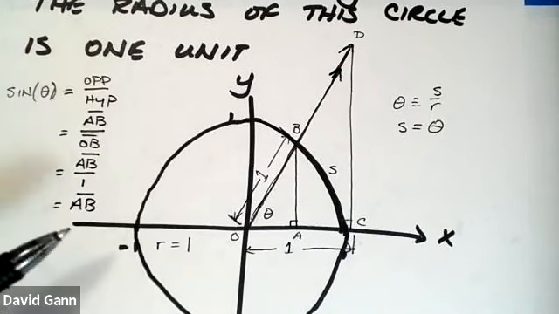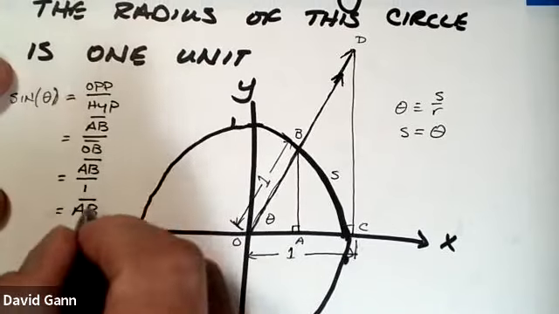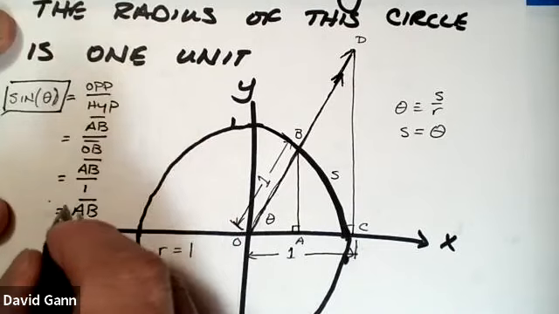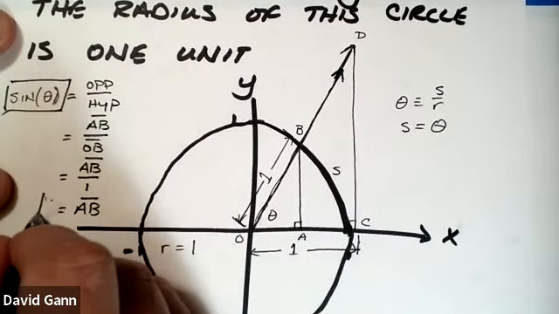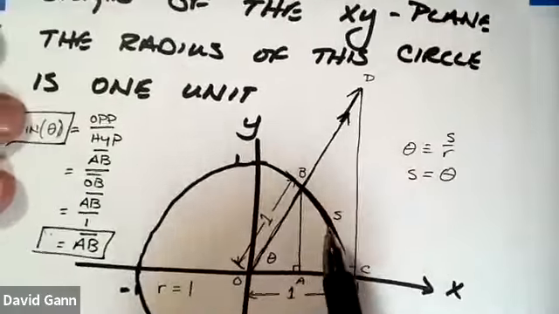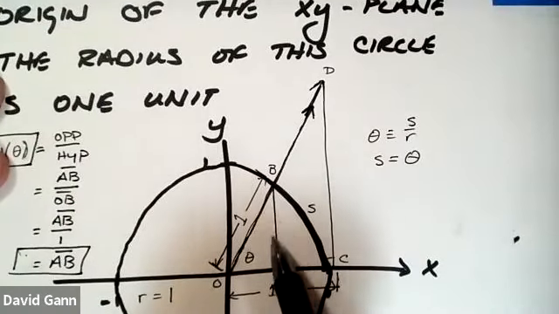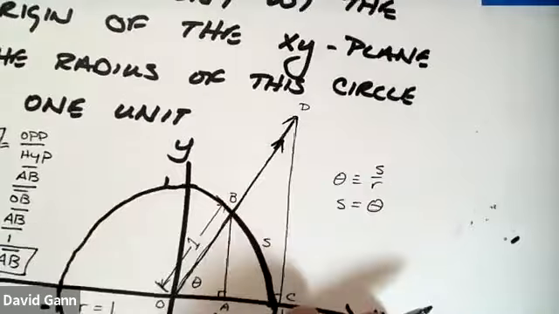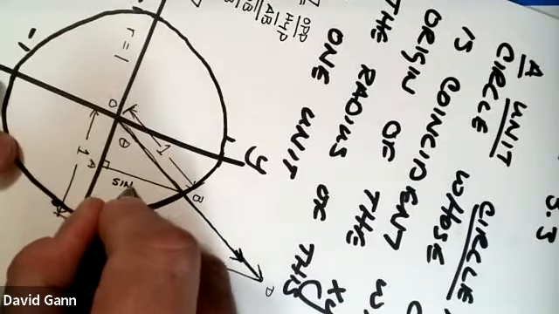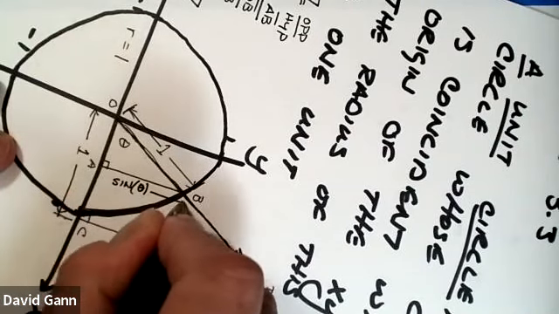So note, what this has told us is that the sine of this angle is represented by the length of this line segment, right? So we could maybe even write that in there, that this length is sine of theta.